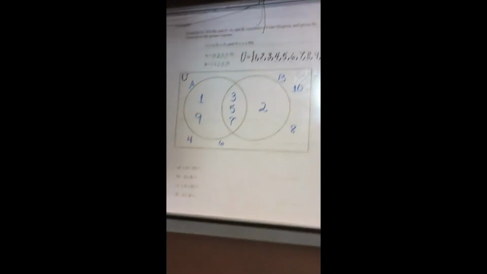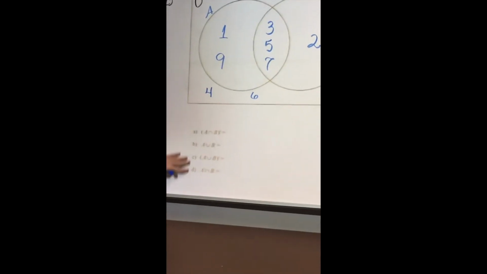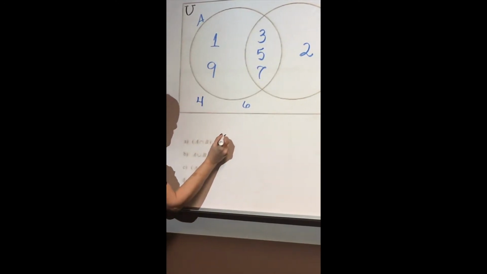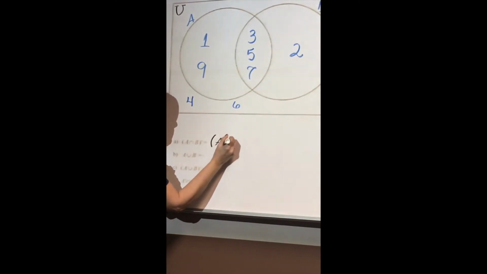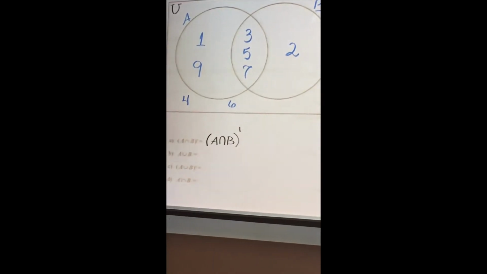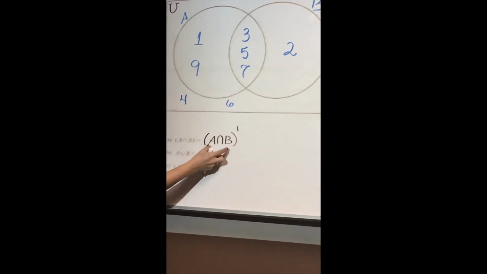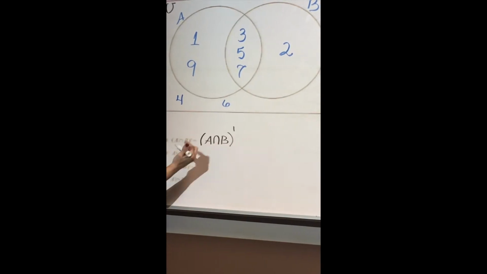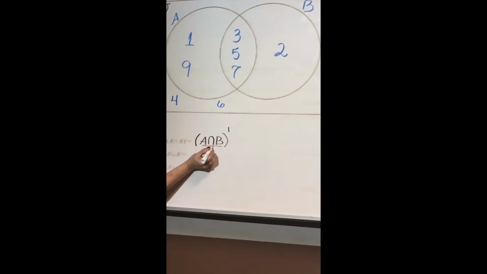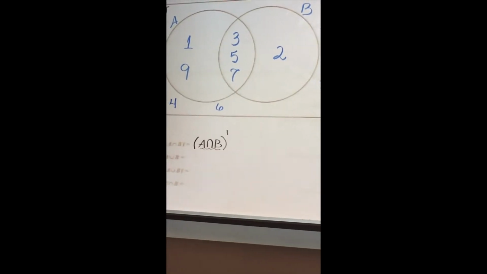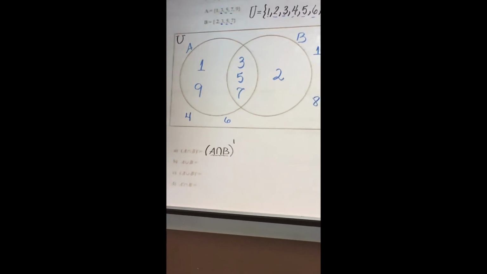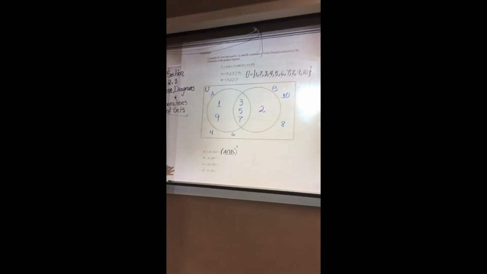Then I'm going to do these set operations that I was asked to do. First, we have the complement of A intersection B. What does this mean? Do the complement of this set inside. We must do A intersection B first, because we follow the math rules that say do what's inside the parentheses and then do what's outside.